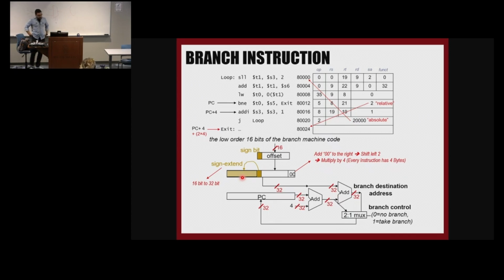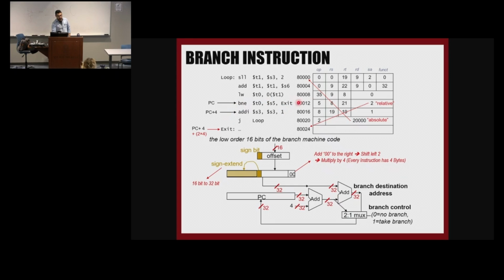As a reminder, we had this example in the instruction encoding module when we were talking about the branch. And if you remember, branch instructions use relative addressing, which means that in a case like this, when we want to find what this offset value should be, we go to the next instruction and count how many instructions we need to go forward or backward to get to the label, which in this case is exit.